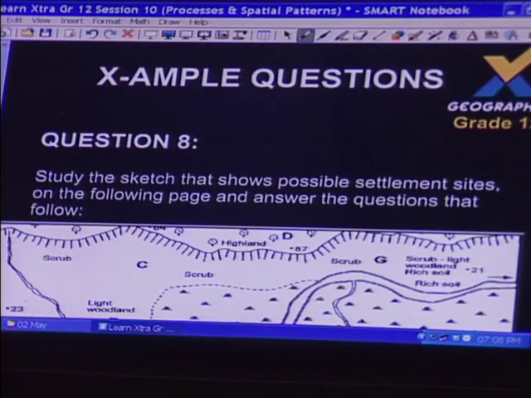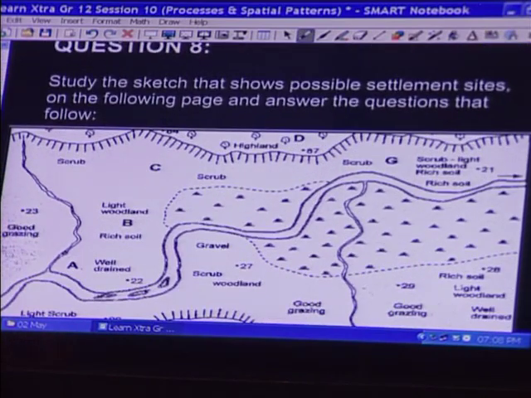Moving on. Question 8. Study the sketch that shows possible settlement sites on the following page and answer the questions that follow.